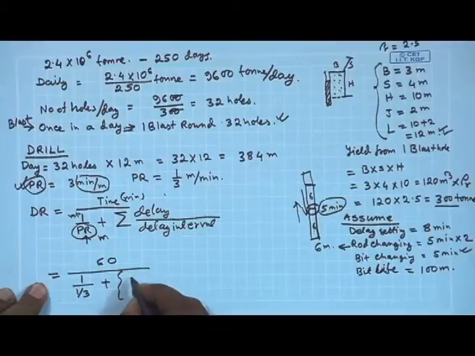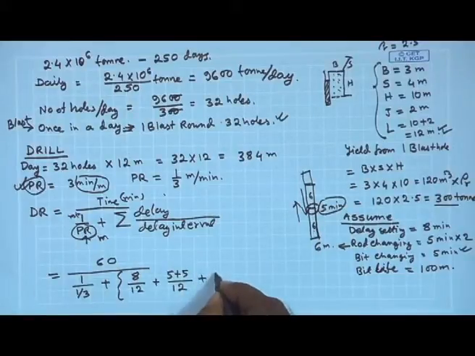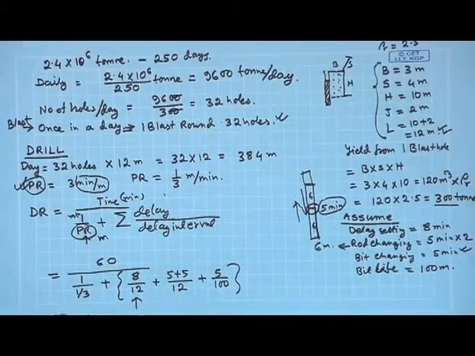Our delay times come as: drill setting time 8 minute for every 12 meter hole, then 5 plus 5 rod changing time for every 12 meter hole, and bit changing time of 5 minute for every 100 meter hole. You can see this one is for drill setting time, this one is for rod changing, and this one is for bit changing.